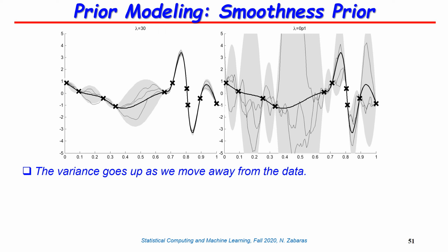I know the variance of each component. You can marginalize them, right? And here I'm plotting plus minus one standard deviation. Now the picture on the right shows much higher uncertainty because the precision is much lower, but again I am forcing the function to pass through these data points.